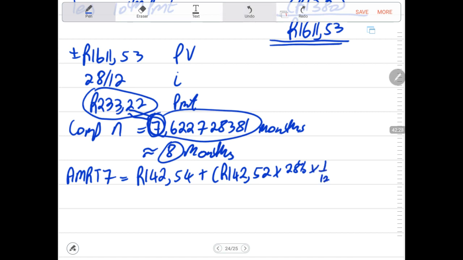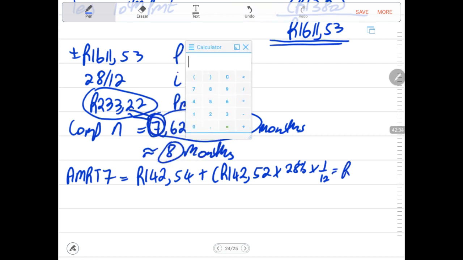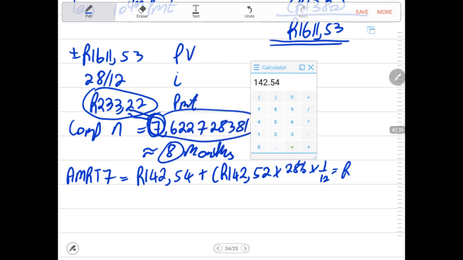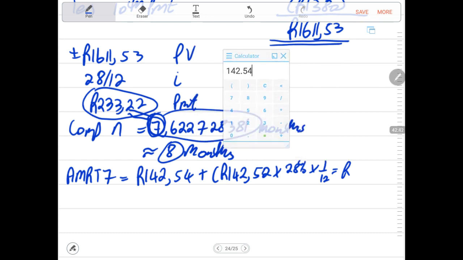Then this will give us the interest amount. 54 cents times 0.28 times 1 divided by 12. We get a very small amount, a lousy 3 rand 33 cents. So we need to say plus 3 rand 33 cents, which is our interest.